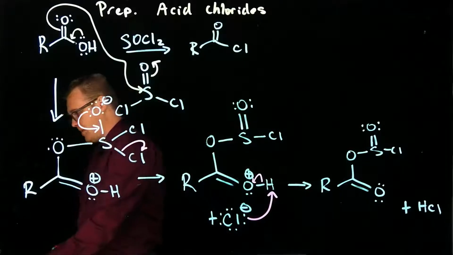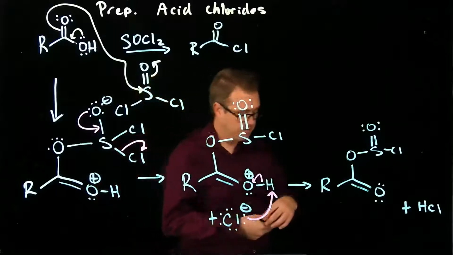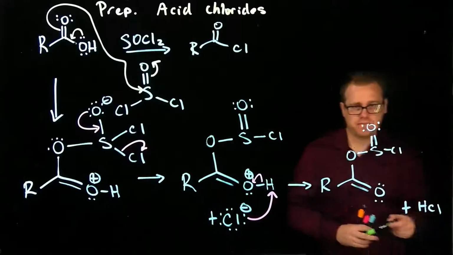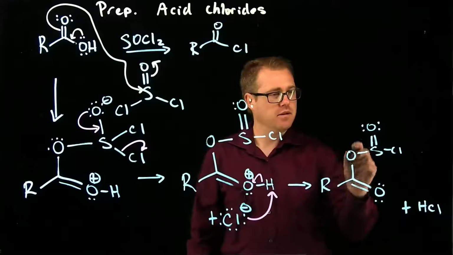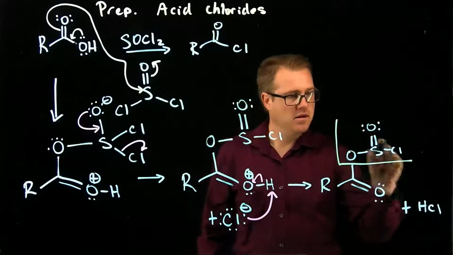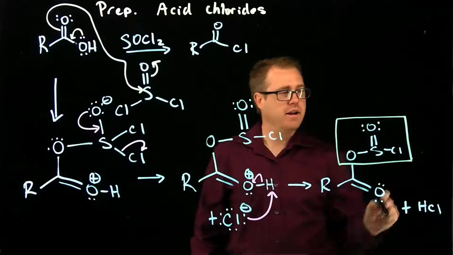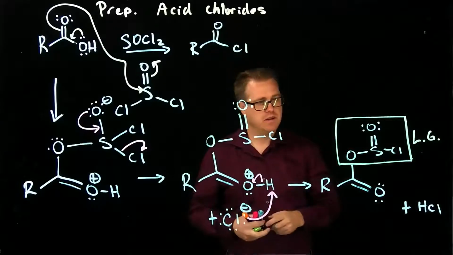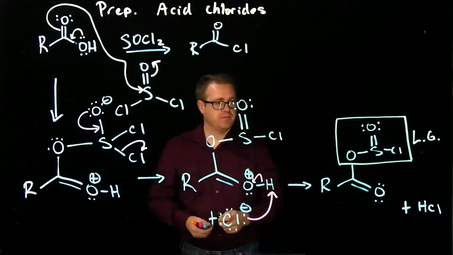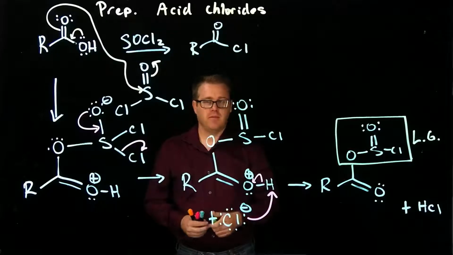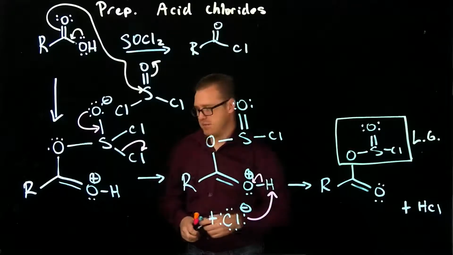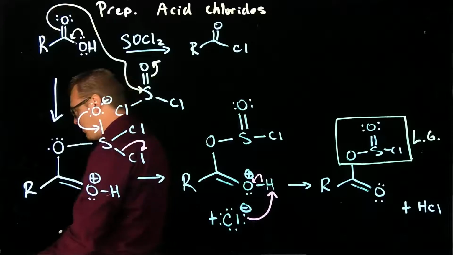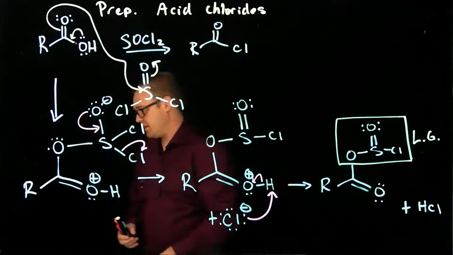Now what has happened? Let's do it in green. That right there is a great leaving group. Okay, so now that we have that great leaving group, we can use that.